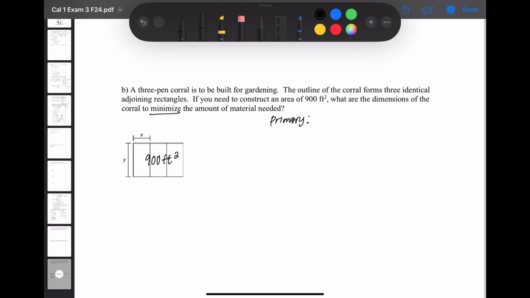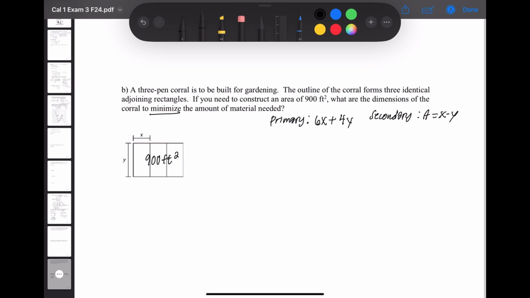So we have 1, 2, 3, 4, 5, 6. So 6x plus 1, 2, 3, 4, 4y's. And then our secondary will be area, x times y.